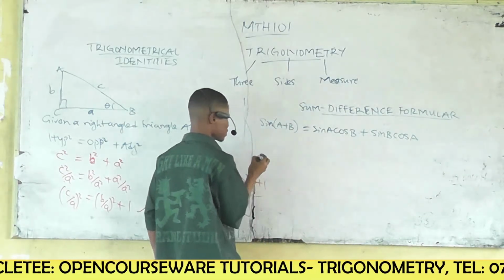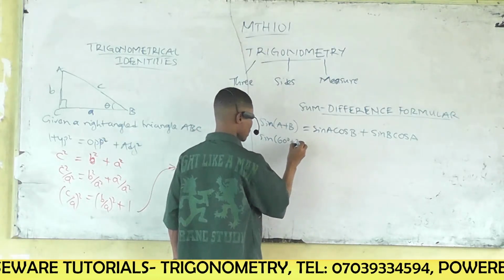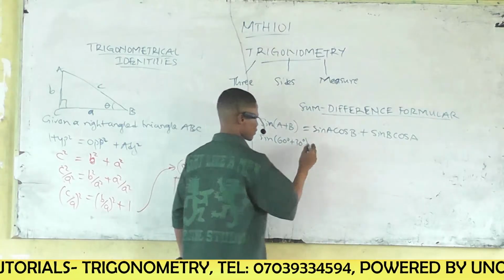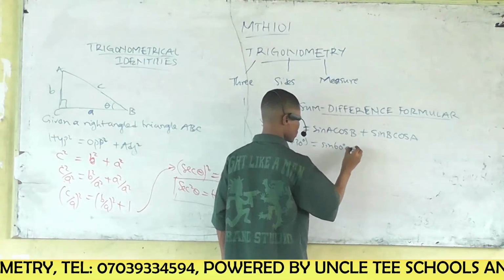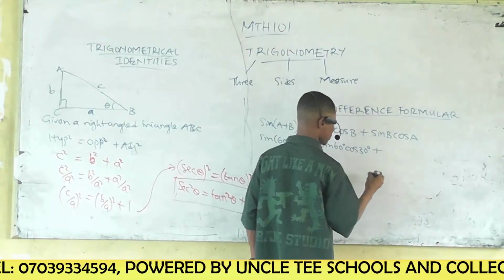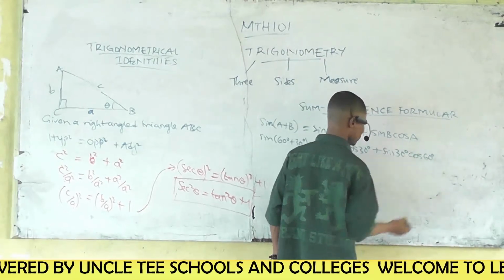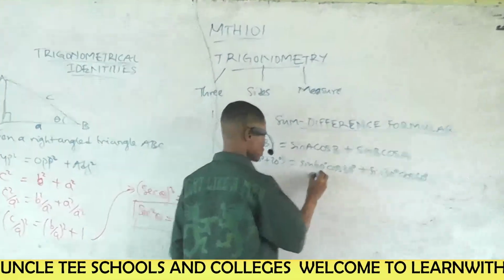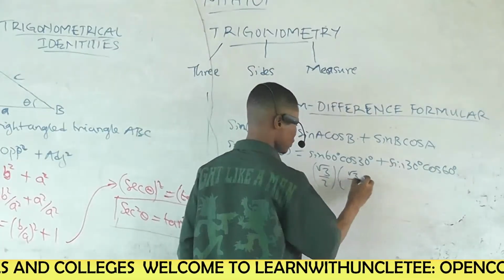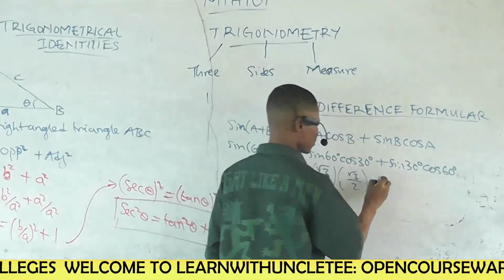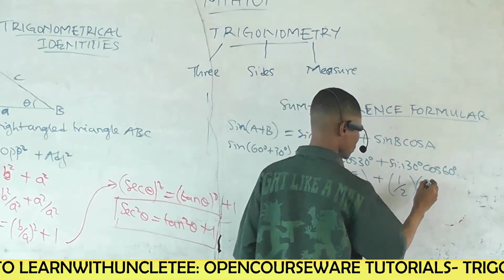Now, what this is talking about is that if you have sine 60 degree plus 30 degree, it's the same thing as sine 60 degree cos 30 degree plus what? Sine 30 degree cos 60 degree. Now, sine 60 degree is what? Root 3 over 2. Cos 30 degree, root 3 over 2. Right? Plus sine 30 is 1 over 2. Cos 60 is what? 1 over 2.